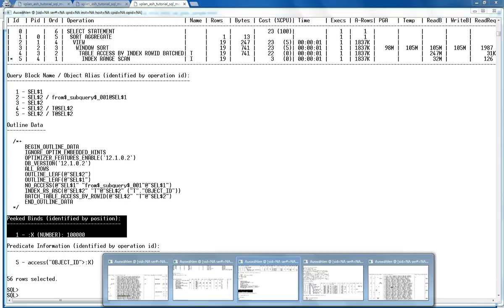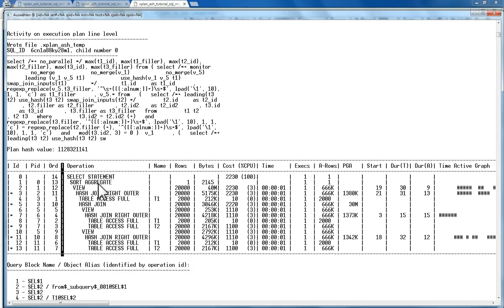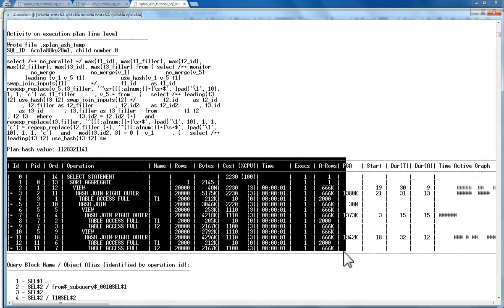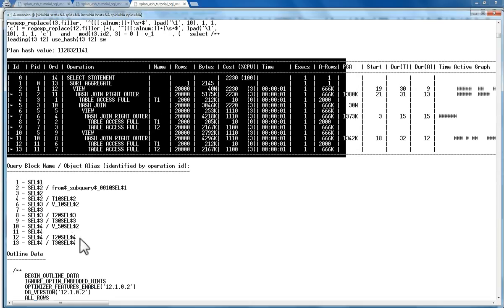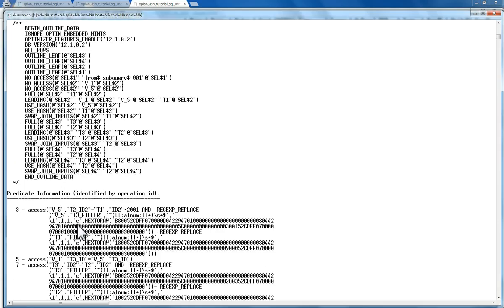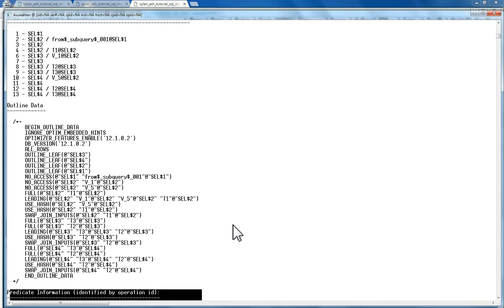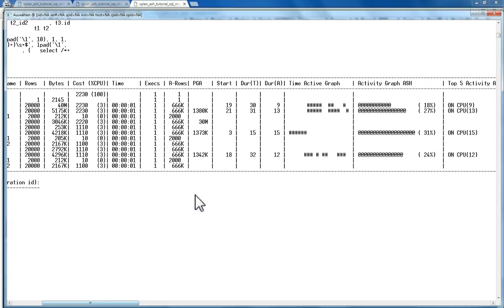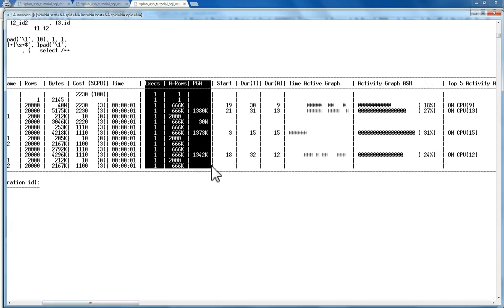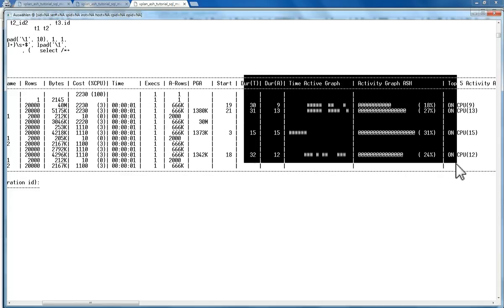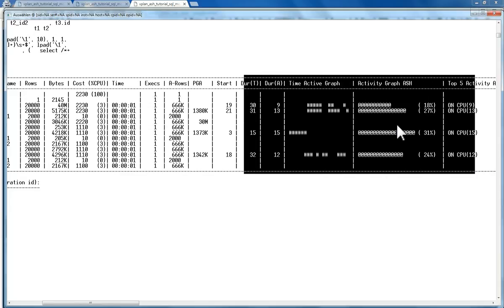I personally like this very much. This way ExplainASH combines all this information, so you have the full DBMS_XPLAN output with all the information available, in particular the query block outline information and the predicate section. You get all this in a single view, plus additional columns from real-time SQL monitoring and active session history, to give you an idea about the activity distribution on execution plan line level.